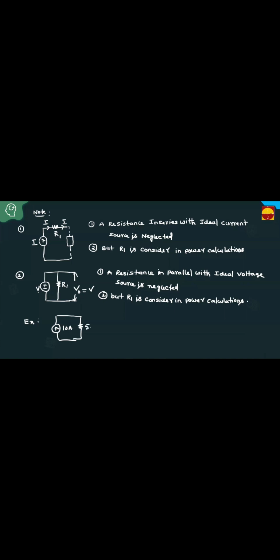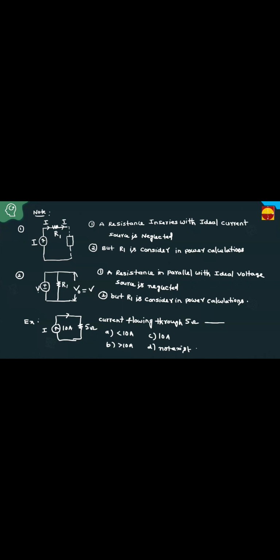If there is a resistance of 5 ohms, what is the current flowing through the 5 ohm resistance? Option A, less than 10 amperes; greater than 10 amperes; equal to 10 amperes; not exist. What is the answer? The current source is supplying a current of 10 amperes.